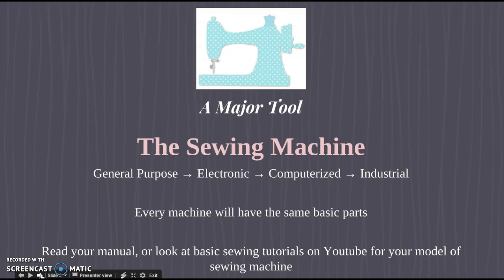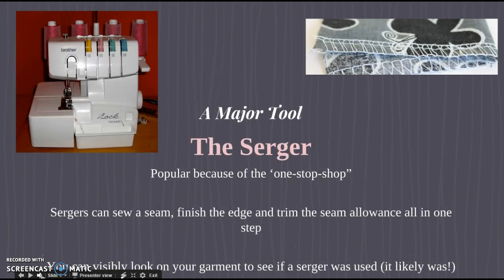The next tool that professionals use is a serger. A serger looks like this. A serger is cool because it is a one-stop shop. You can sew a seam, finish an end, and trim the seam allowance all in one step. This is really useful for people who are doing quite a lot of sewing.